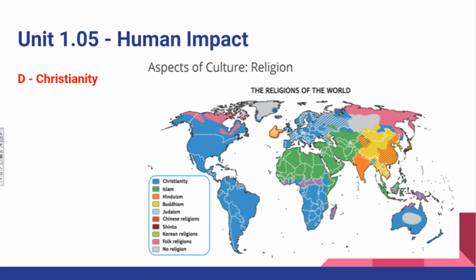Okay, Islam is the second biggest one, okay? And you can see here they're mostly in the Middle East, a little bit into Asia, and then also North Africa. And then you also have your Asian countries as well that are more Hindu and Buddhist, okay?